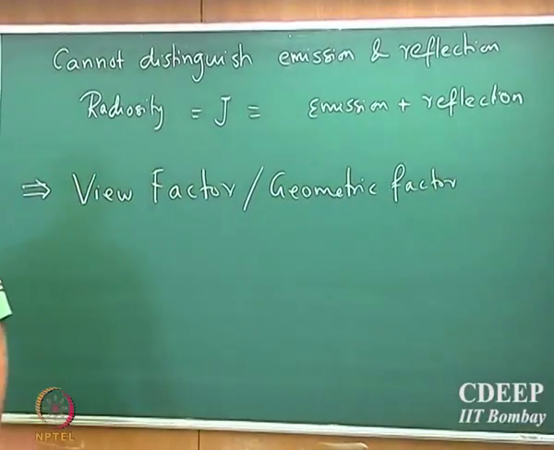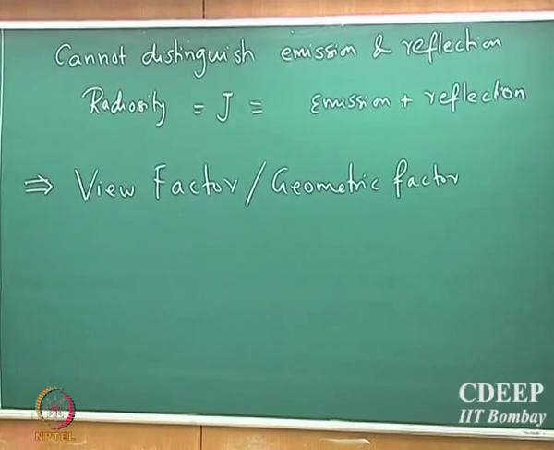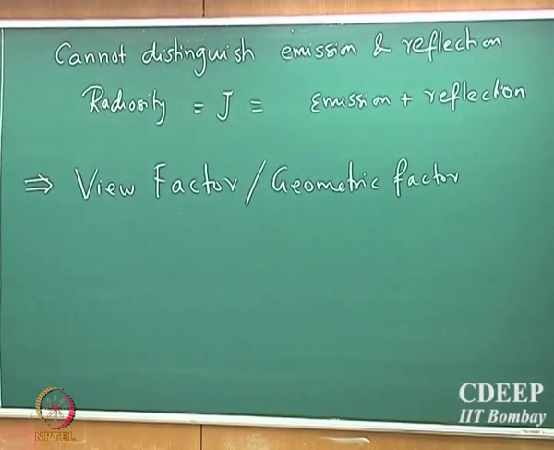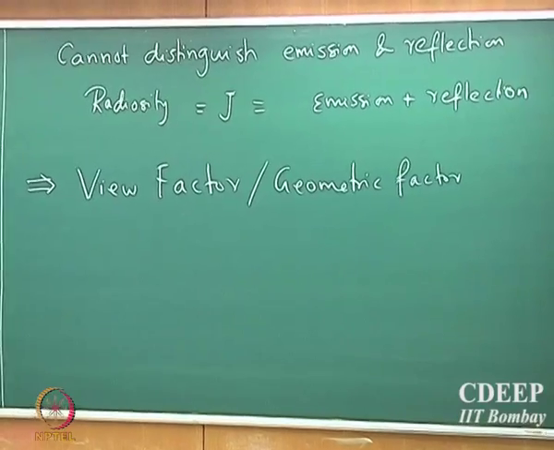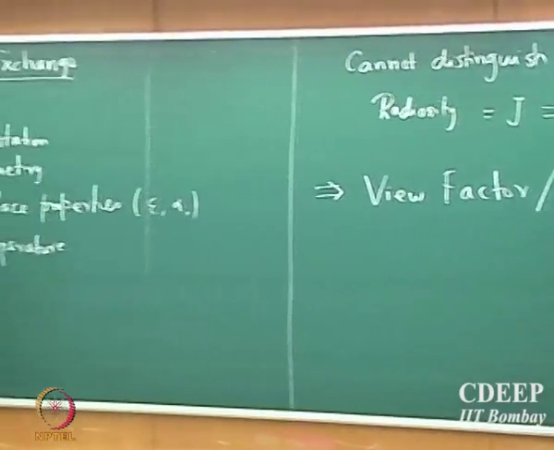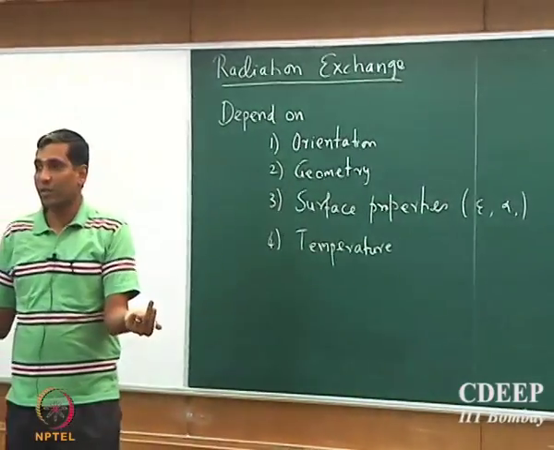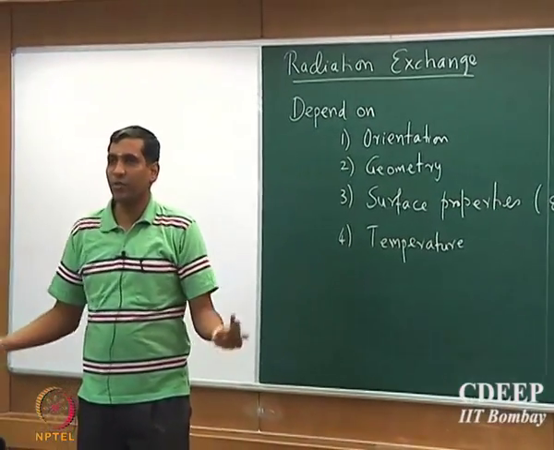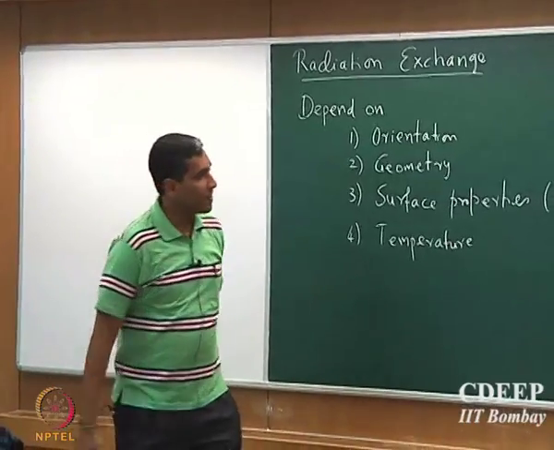This view factor takes into account the orientation and geometry of the 2 surfaces, or n surfaces, which are exchanging radiation.